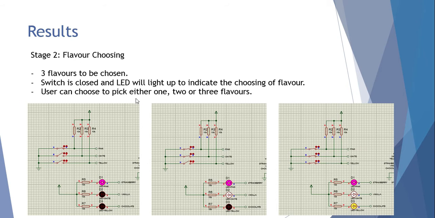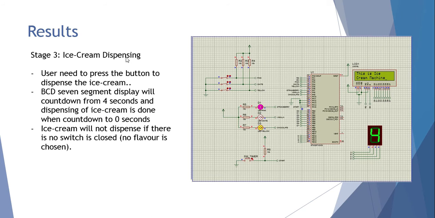The user can choose to pick either 1, 2, or 3 flavors. As you can see, 1 flavor for this one, 2 flavors or 3 flavors to indicate the user wants to combine all 3 flavors in one ice cream. And the last stage is ice cream dispensing.